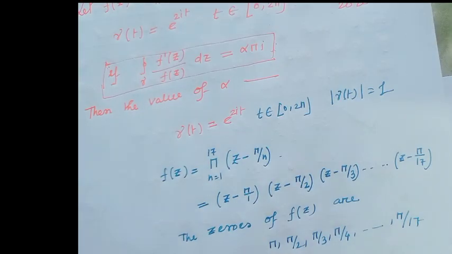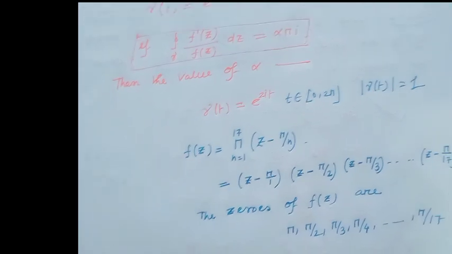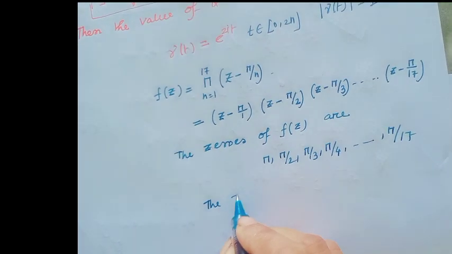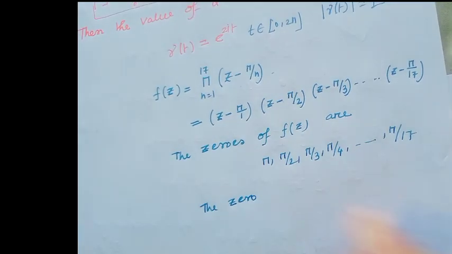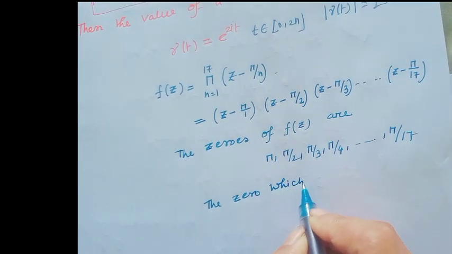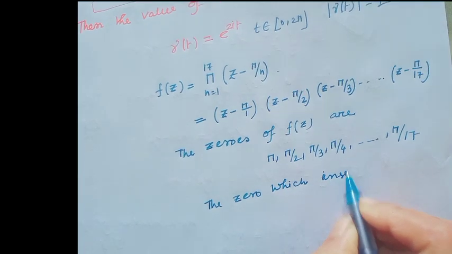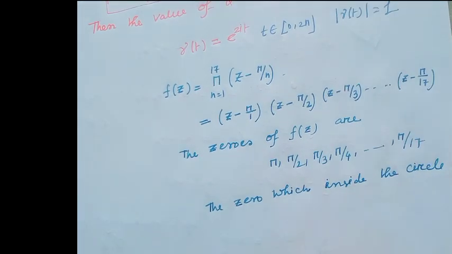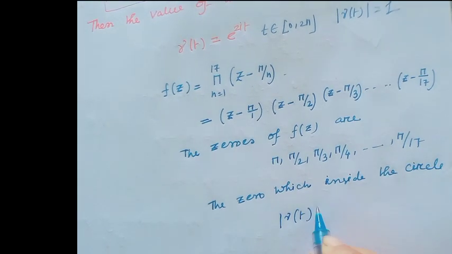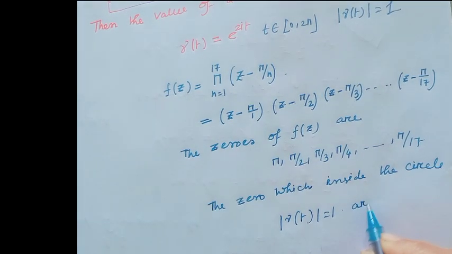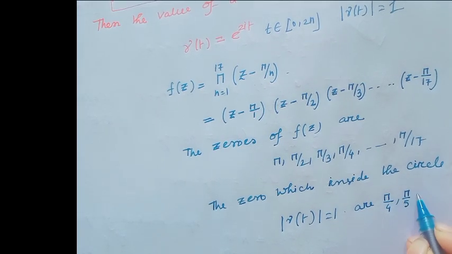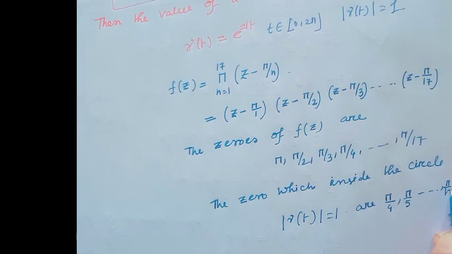Okay, and the zeros which lie inside the circle gamma(t) equal to 1 are pi over 4, pi over 5 up to pi over 17.